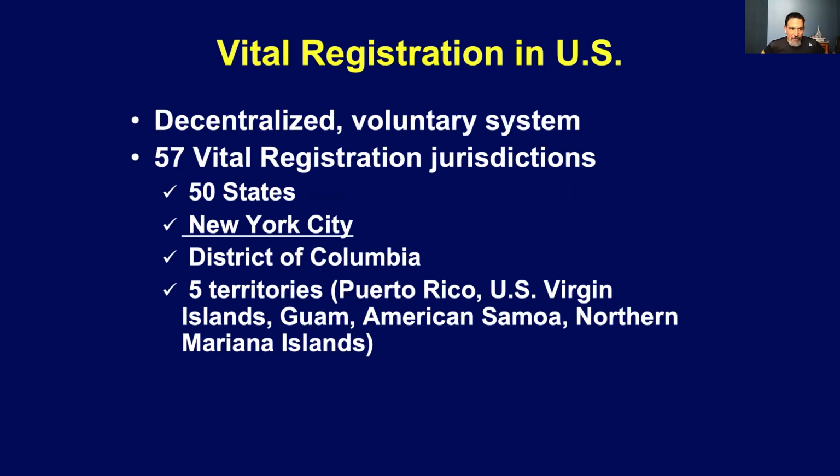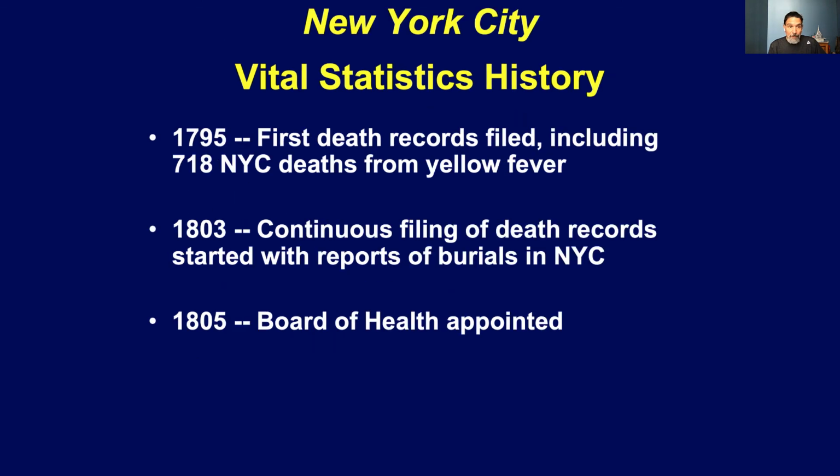But going back to vital registration, this is a decentralized voluntary system that happens across the U.S. There are actually 57 vital registration jurisdictions: all 50 states, but certain cities, including New York City, which is its own independent vital registration jurisdiction, and also 5 territories of the U.S. as well.